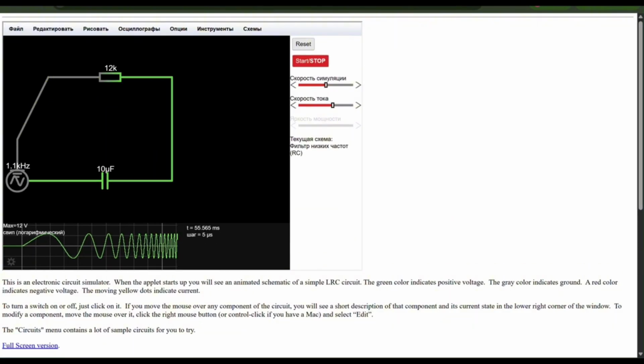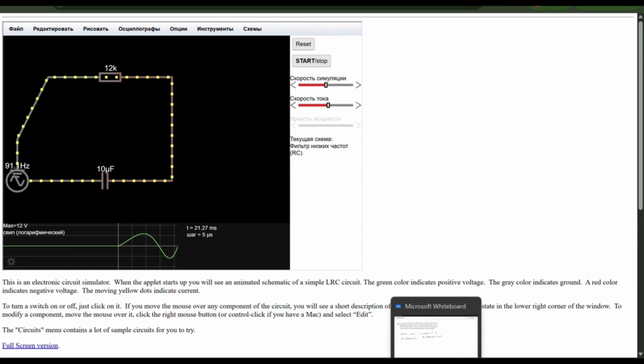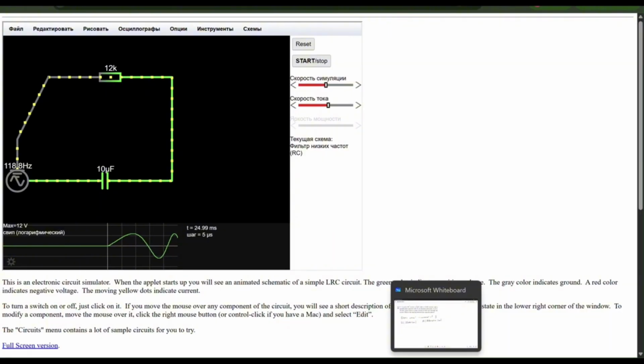So it's our AC source, alternating current. Here, if I increase the speed of current, we easily can see that current goes forward and backward, charges move left and right. If you have a basic understanding, let's solve the problems.